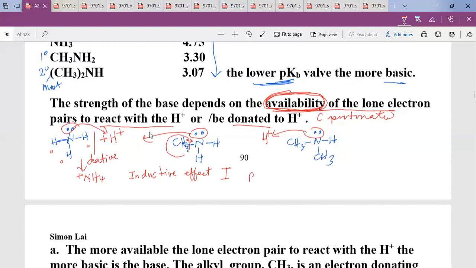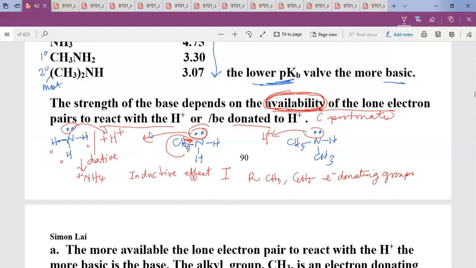So the R group here, CH3, C2H5, whatever, are electron-donating groups. You see this coming out. So they give electrons. Now here, they push electrons out, which means that the electrons are more available.